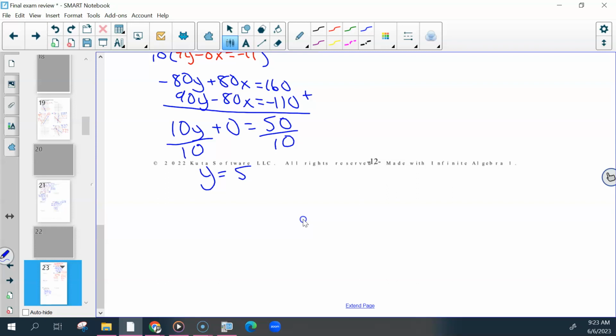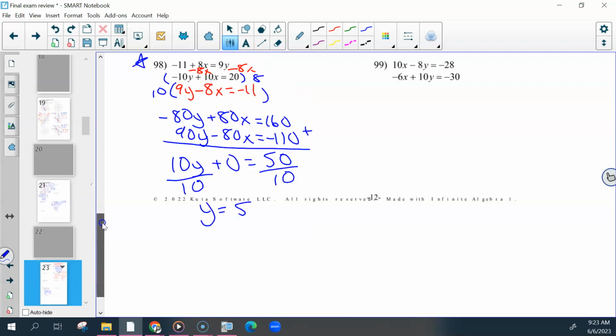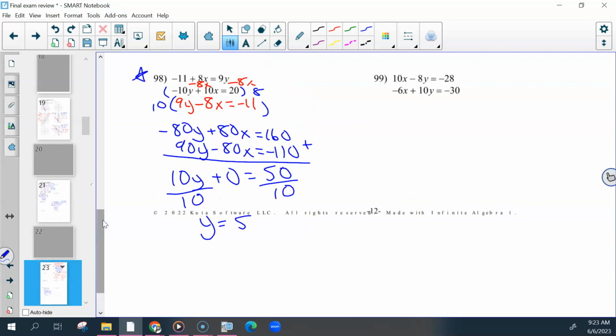Then you can take that y, put it back into any of the y's you had before, does not matter which one. Let's say I did the first one. Negative 11 plus 8 times x equals 9 times 5.